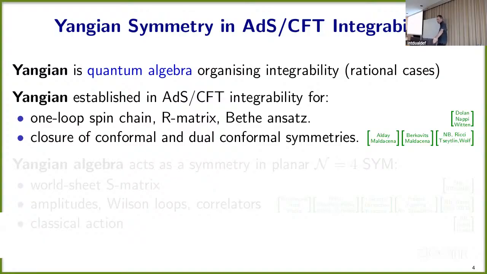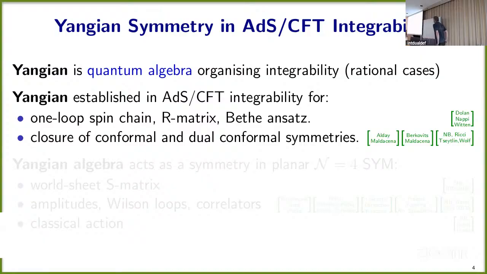The first time I think it appeared was in this paper by Dolan, Nappi and Witten on the one-loop N=4 spin chain. There it somehow governs the R matrix, the Bethe ansatz, but also the bulk Hamiltonian. It's not typically a real symmetry of the spectrum. So in that sense, it's only a bulk symmetry of the spin chain.